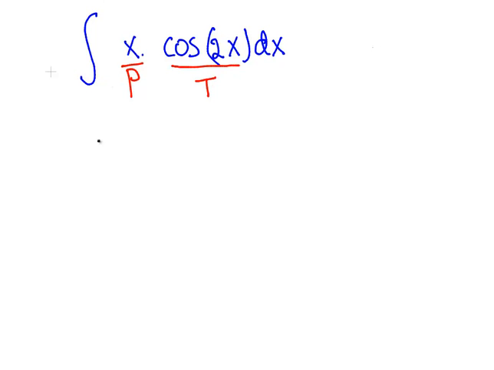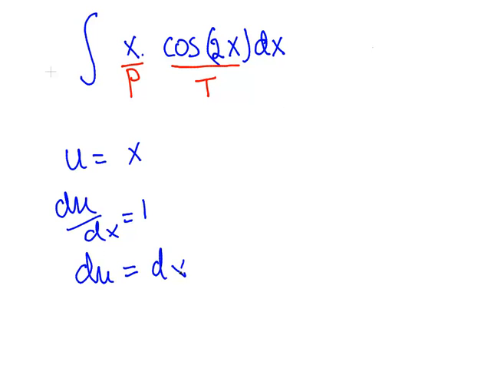This one here is the integral of x times cos of 2x dx. Here we have a polynomial, and this part is trigonometric. So we're going to let u equal x. du/dx is equal to 1, and therefore du is equal to dx.